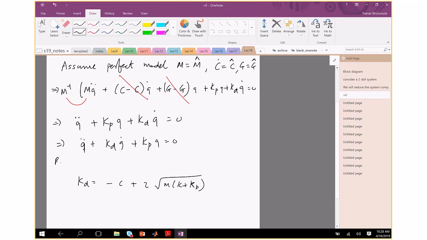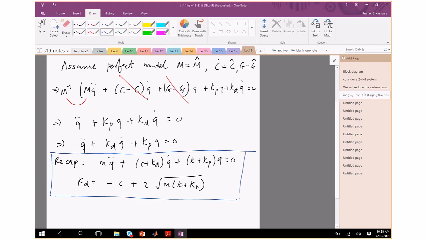So recap, for a system which looked like this, m q double dot plus c plus K_D q dot plus k plus K_P q equals 0, from lecture 17.